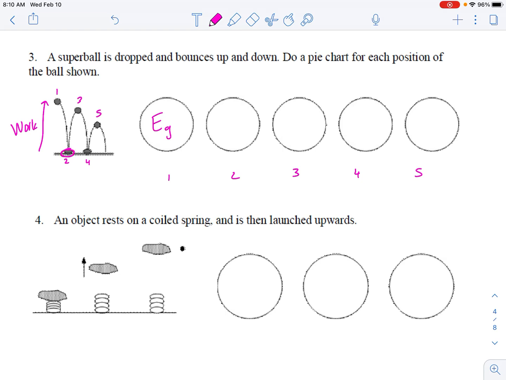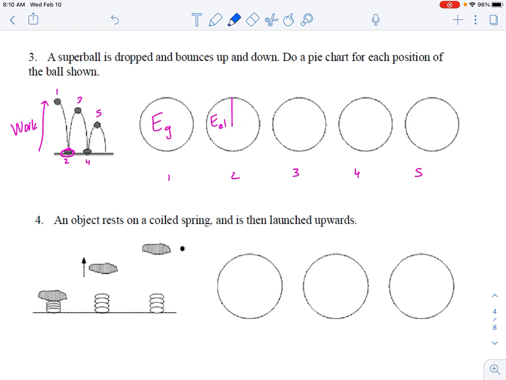When it actually has hit the ground at number 2 and it's smushed, the ball itself does store some elastic potential energy in the ball itself. But some of the energy has been dissipated.